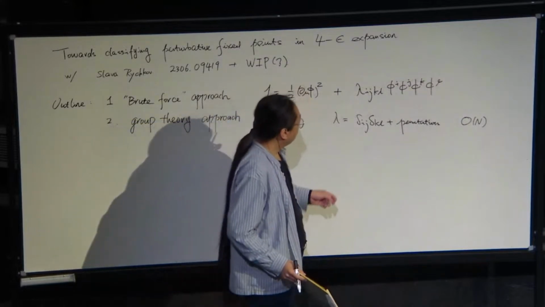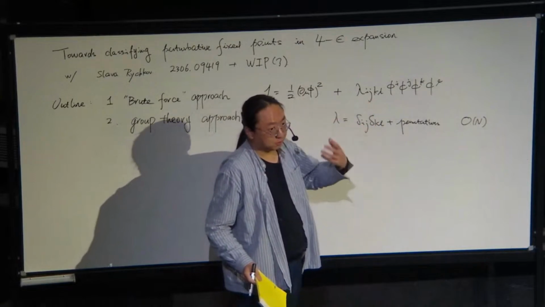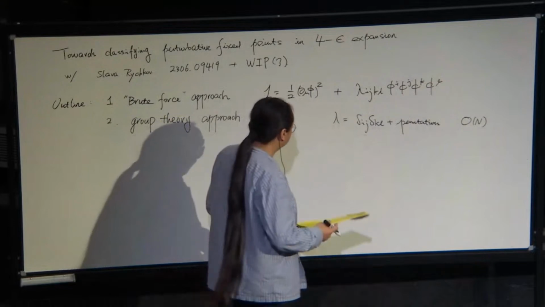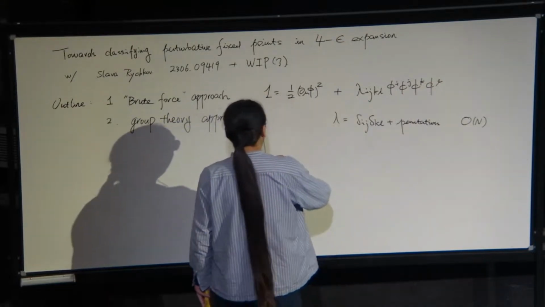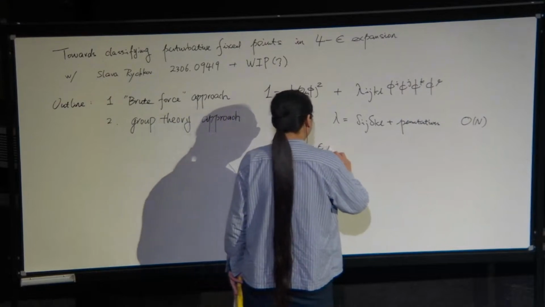We are going to take this lambda to be arbitrary and to see what kind of fixed points we are going to find. So the beta function, if you do the calculation, looks like this.